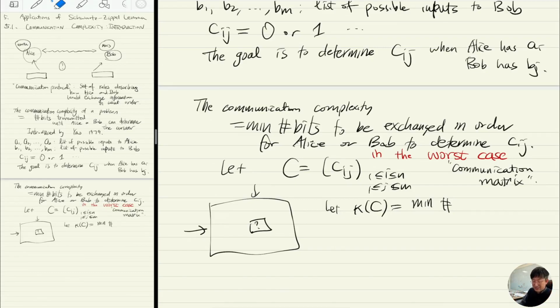That's the communication complexity. Okay, I don't know whether you like the notation or not. So CC, the communication complexity of this matrix C.